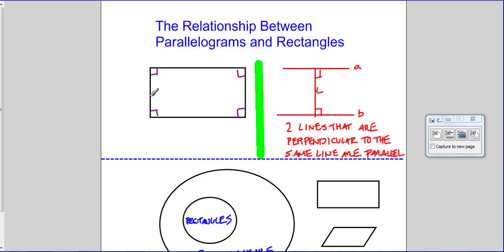So in fact, in a rectangle, you have this very situation. Here is a line, and here are two lines that are perpendicular to this line. So these two lines here must be parallel. And likewise, these two lines are perpendicular to this line, so they also must be parallel.